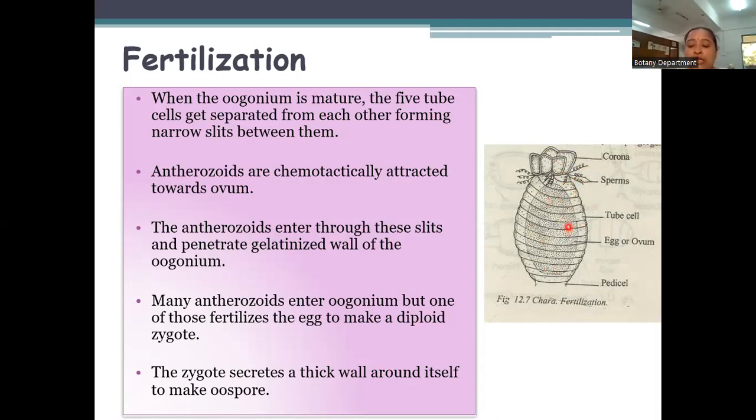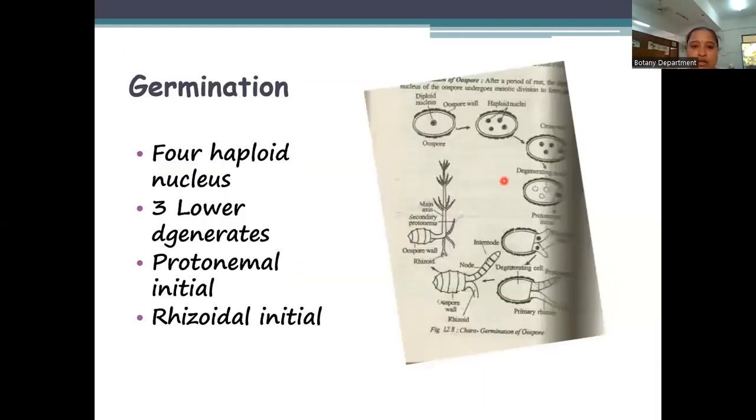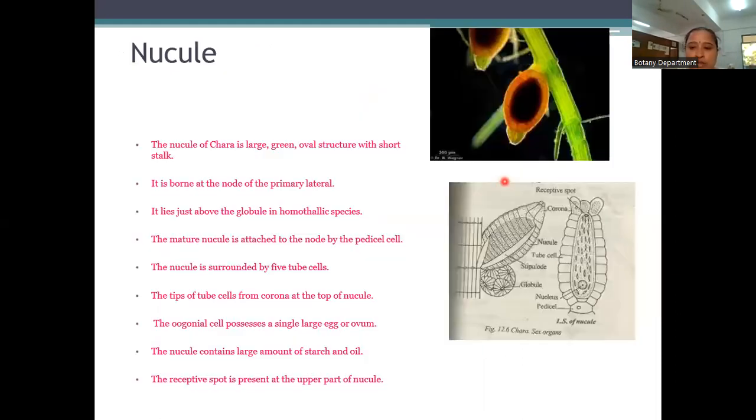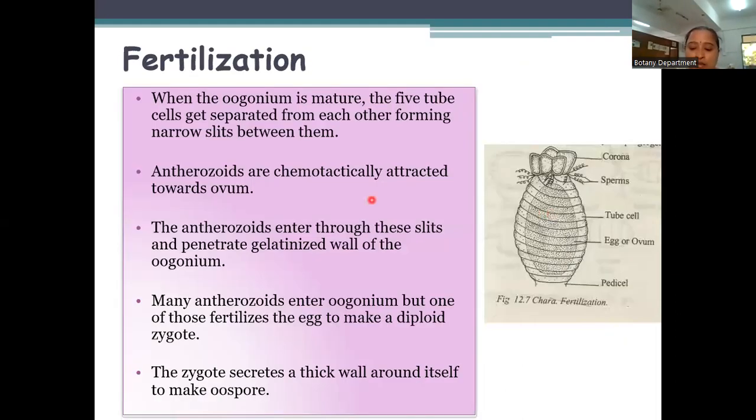The zygote creates a very thick wall for protection. The sheath cells disintegrate, and the zygote undergoes a period of rest. After the rest period, the zygote germinates. Before germination, which nucleus is there in the zygote?